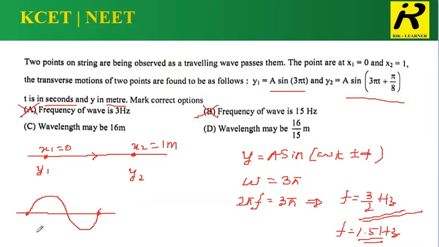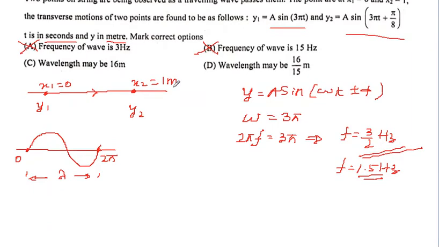The complete length of this wave from here to here is the wavelength. If the initial phase of the wave is 0 and the ending phase is 2 pi, the phase difference between these two ends is 2 pi, and that corresponds to the length lambda. A phase change of 2 pi corresponds to the length lambda horizontally.